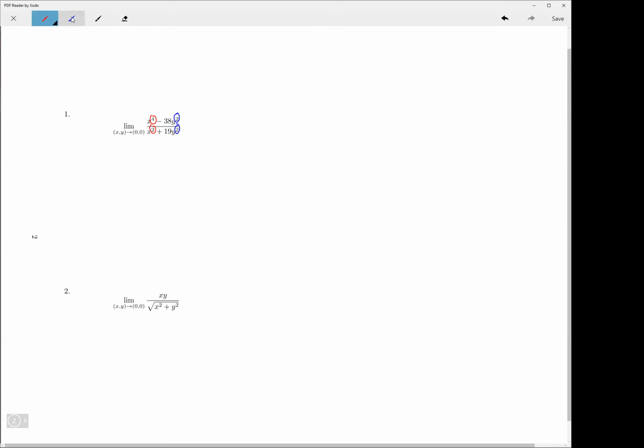So one thing that you can try is these two different paths. So let's suppose you want to go along x equals 0. And let me try to draw a picture of what's going on here. So here's the point 0, 0, right?